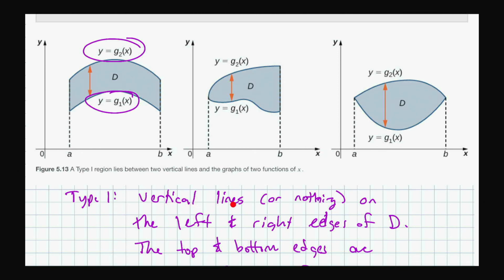That's why I said vertical lines or nothing on the left and right edges of D. Third case here, top and bottom are functions, y equals function of x. And again, this time they meet at a point on both edges, so there are no vertical lines here or here. So that's what they're going to call a type 1 region.